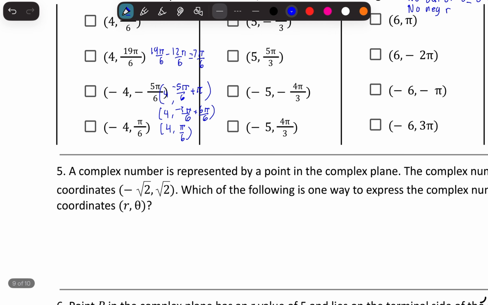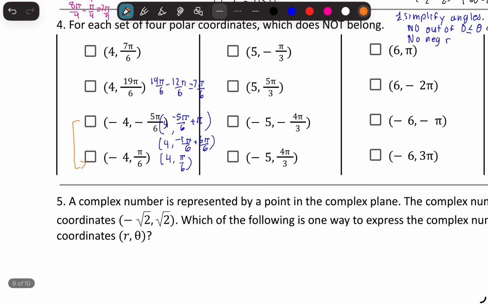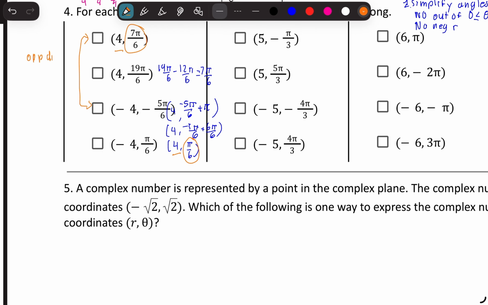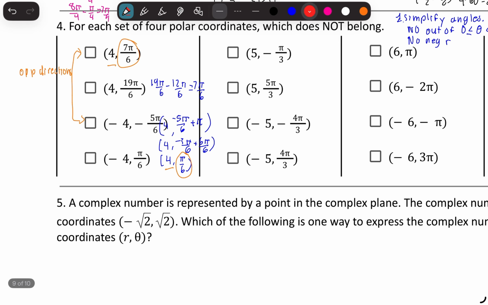That's going to be 4, pi over 6. So we can compare 4, 7 pi over 6 and 4, pi over 6. They both have a 4, but the angle is different. So we can see that they're in opposite directions. So that means that the one that doesn't match the others is going to be this one.